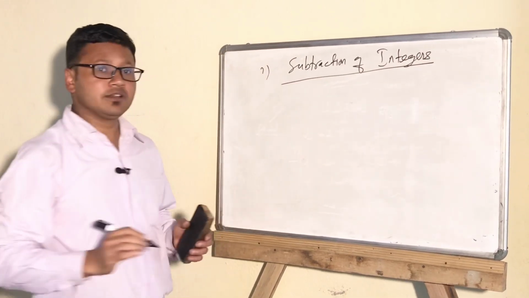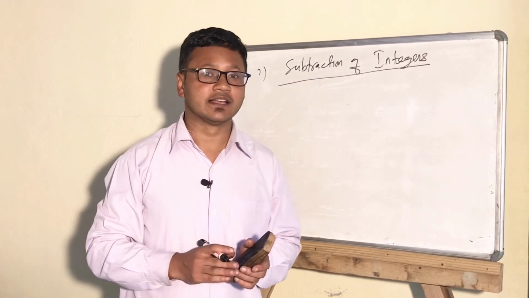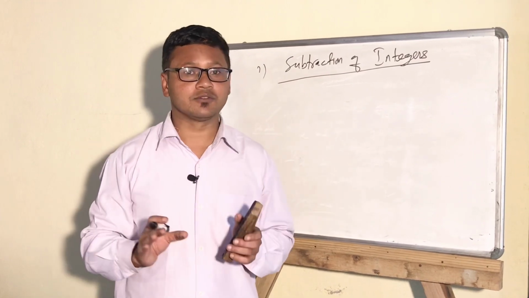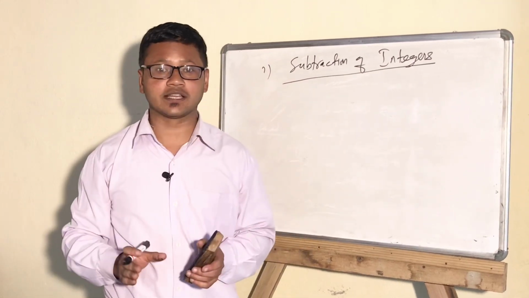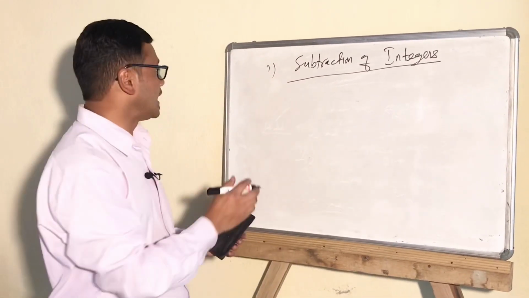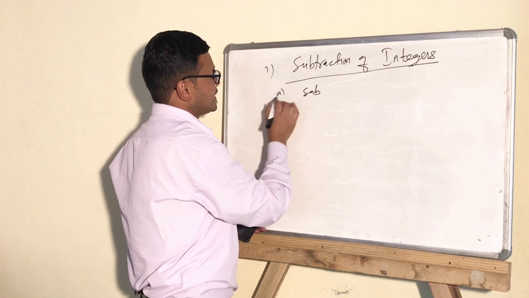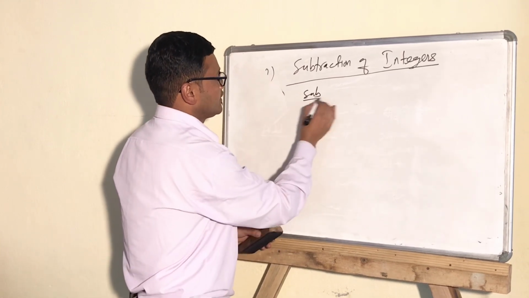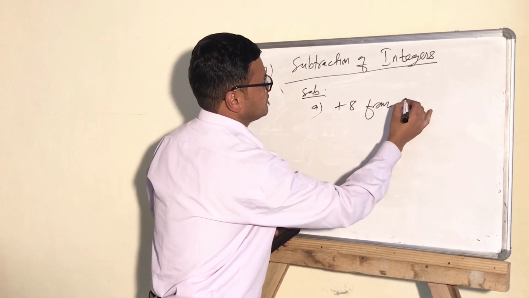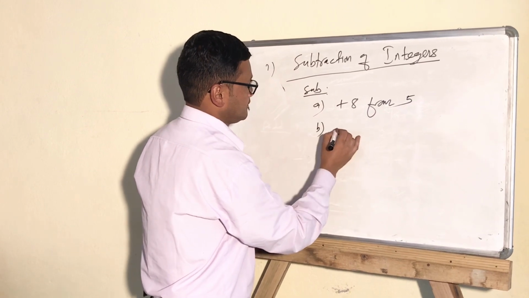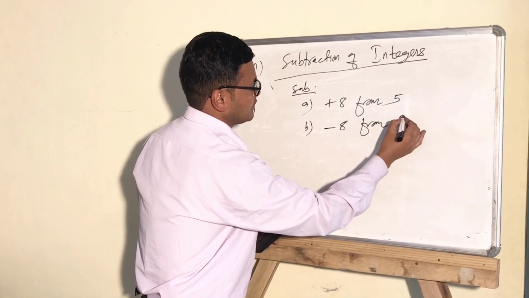Whenever we are solving subtraction of integers, we must consider the sign. The sign is very much important. So I'll give you a few examples. A, subtract plus 8 from plus 5. B, subtract minus 8 from 9.